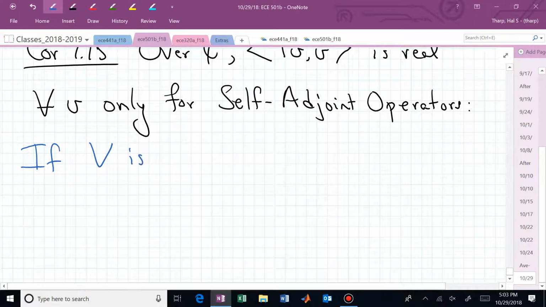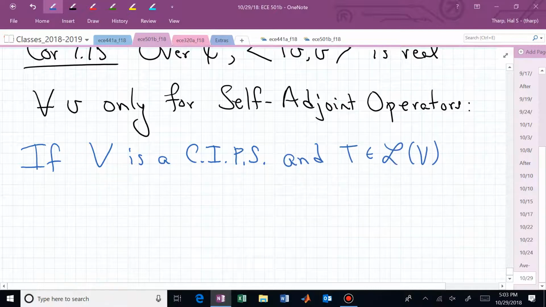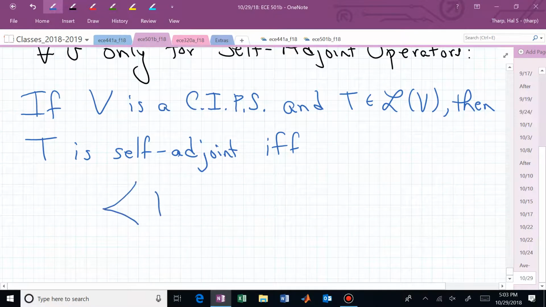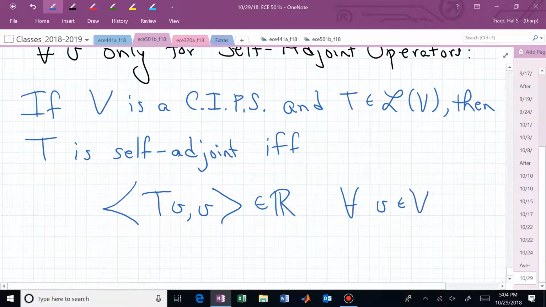So now if V is, you know the drill, a CIPS, complex inner product space, and T is a linear operator on that complex inner product space, then T is self-adjoint if and only if TVV produces a real number, is an element of the reals, for all vectors in that complex inner product space, capital V. So the CIPS include real and complex?